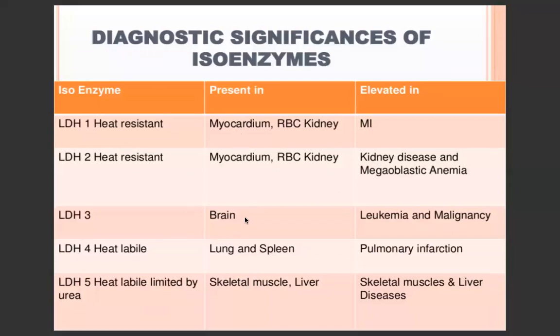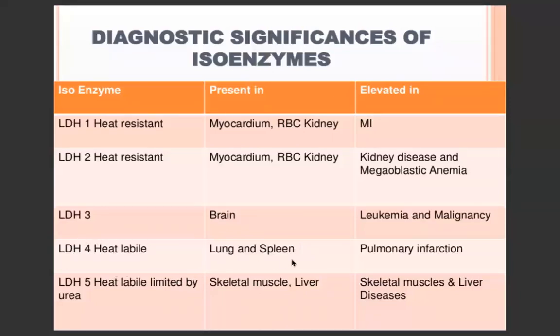LDH3 is present in brain. Please remember specifically LDH3 for brain. They can make MCQs on this. They will give you options: brain contains which type of isoenzyme of LDH, LDH1, 2, 3, or 4. So please remember. And it is elevated in leukemia and malignancy.